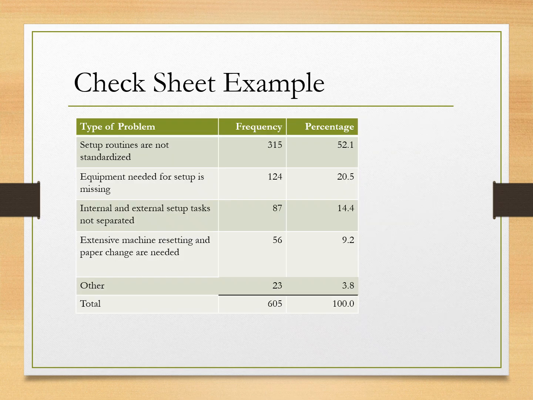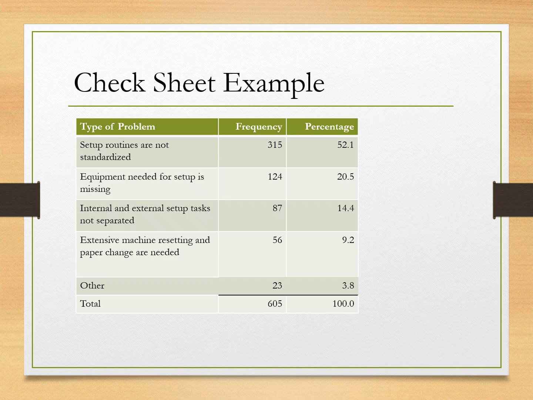This check sheet example reveals that non-standardized set of routines occurred 315 times, which accounts for 52.1% of all problems. Other issues include missing equipment, unseparated tasks, and resetting needs.